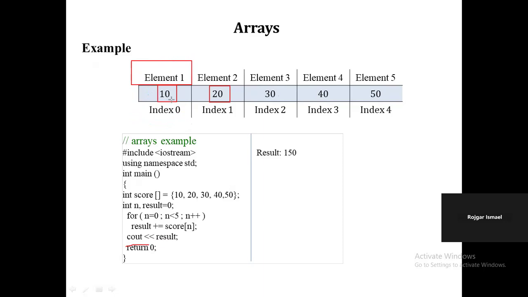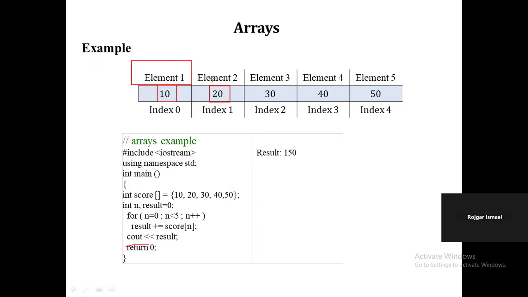But what is the index of this 10? As I stated in the first slide, the array is zero-based index, as in the other parts of C++ programming basics. So since the index is starting from 0, it means the index of 10 here is 0, while its element is 1.